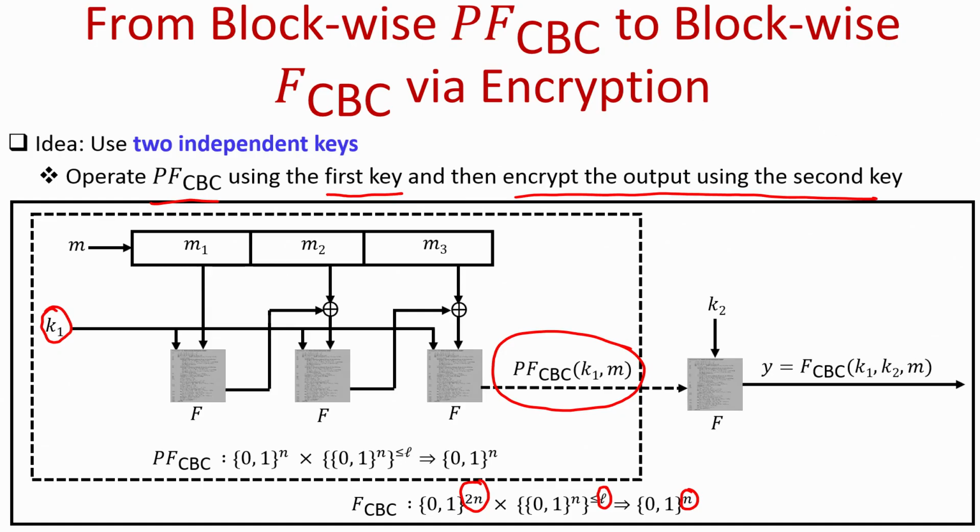And once we obtain the output, we use the remaining part of the key, which is also of n bits and independent of K1, to again encrypt the output that we have obtained from the prefix-free CBC PRF, and that will be the overall outcome of this fully secure CBC PRF with respect to the key K1, K2.